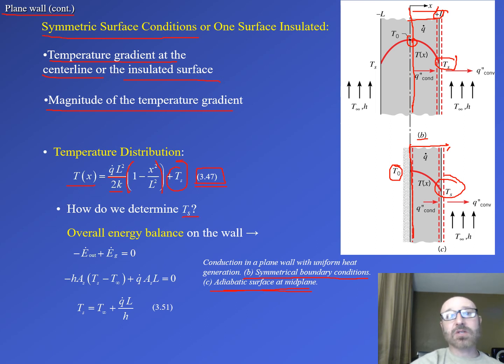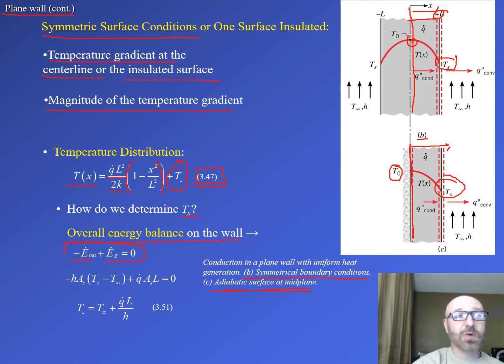Then we may have to ask ourselves, how do we determine this T s? Is it something that's given to us in the problem statement, or do we need to find another way to calculate it, based upon which problem we're solving? If we're talking about the overall energy balance on the wall, we have our governing equation: negative E dot out plus our generated energy E dot G is equal to 0.